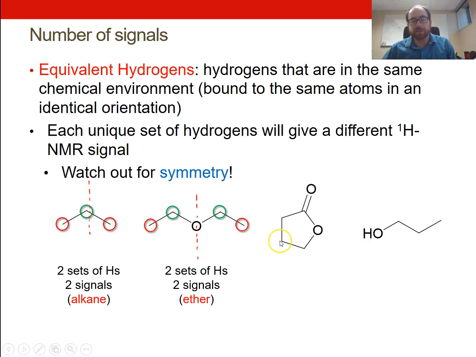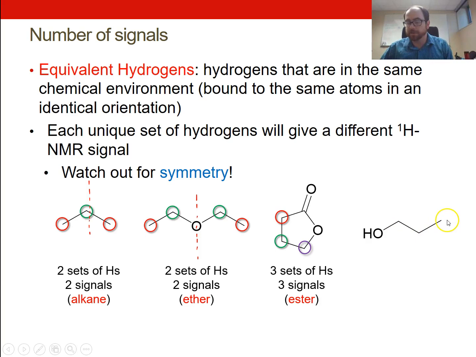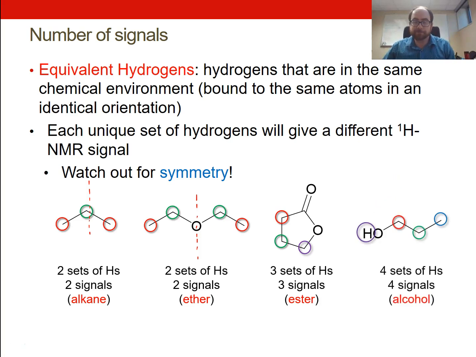If we look at our ester, notice that there's no plane of symmetry, so all of our areas of hydrogens are going to be different. We have 1, 2, and 3, so we're going to have 3 sets of hydrogens and therefore 3 signals on our NMR spectrum. Similarly, our alcohol has no plane of symmetry. We have hydrogens on this carbon here, and this carbon here, as well as the hydrogen that is attached to our oxygen. And therefore, we will have 4 signals in our proton NMR spectrum.